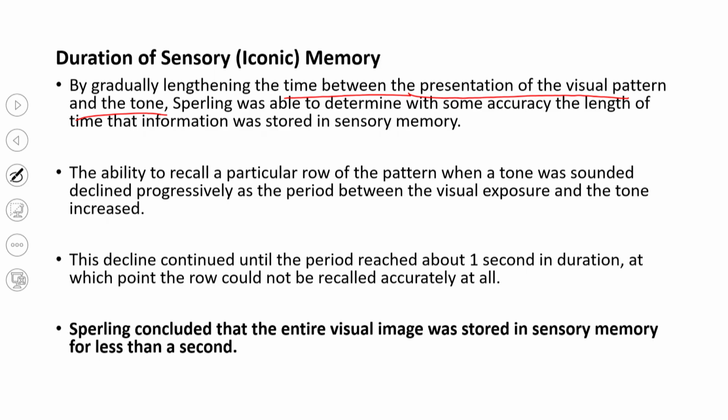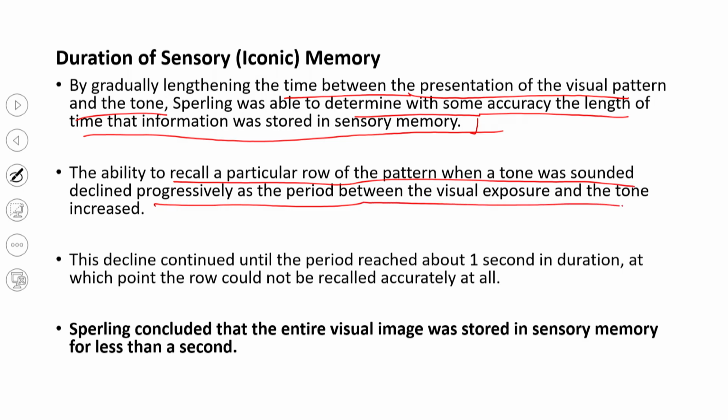By doing so, Sperling was able to determine, within some accuracy, the length of time the information was stored in sensory memory. The ability to recall a particular row when a tone was sounded declined progressively as the period between the visual exposure and the tone increased. As the time period was increased, the accuracy went down, because even one row could not be reported, as it had faded away.